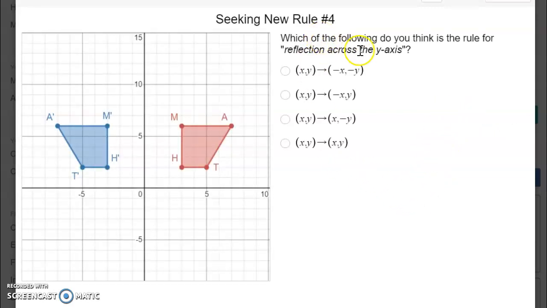And then 13, which of the following do you think is a rule for reflection across the y-axis? Okay, so what do you think? The y stayed the same, so y stayed as y. But the x became opposite. So x became negative x is this one. While in this one x stayed the same, then y became its negative version. That's not true.